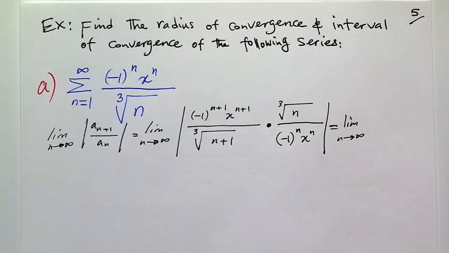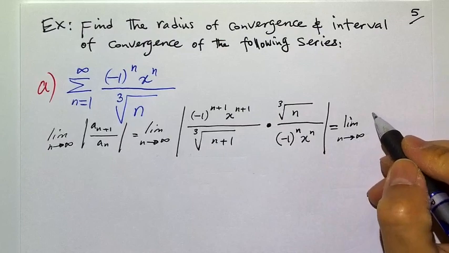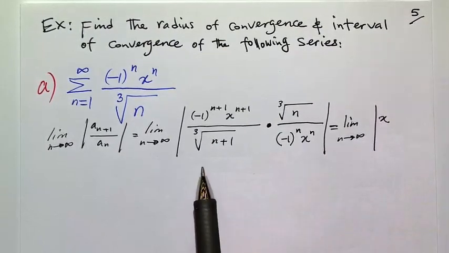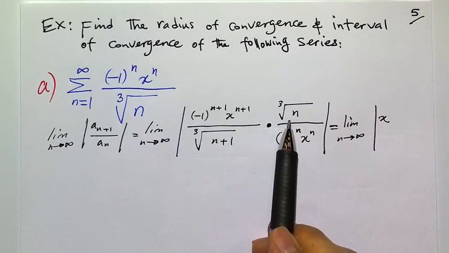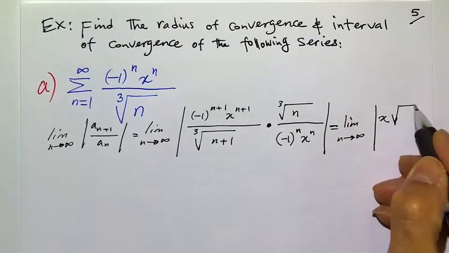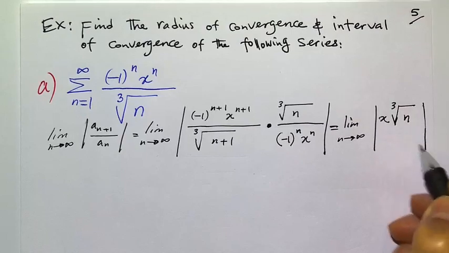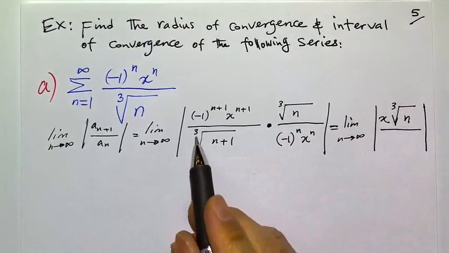So we will have just x times, let's see, and this doesn't cancel, so we still have the third root of n, divided by the third root of n plus 1.